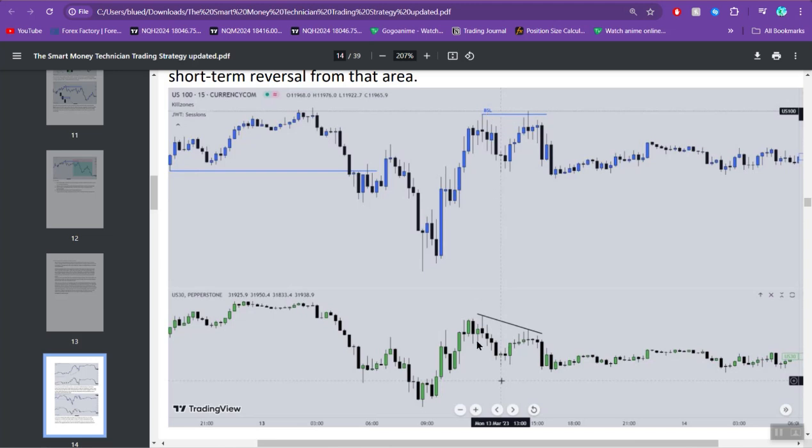But over here in US 30, we fail to take out that high. SMT divergence again, where we have a higher high over here, but a lower high over here. This is the confirmation that we need when we know that the price is going to reverse after taking out the buy side liquidity.